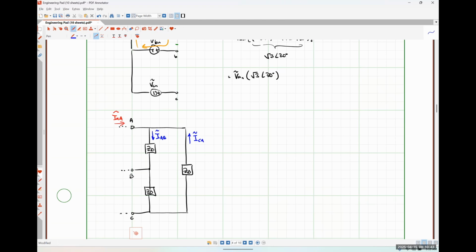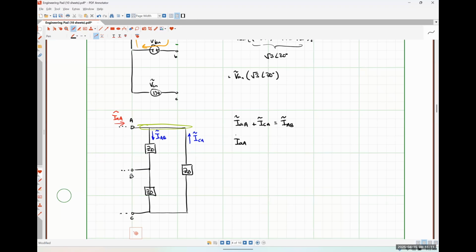systems. So if I apply KCL at this node, I see that I have a current of IAA flowing in, a current of ICA flowing in, and a current of IAB flowing out.